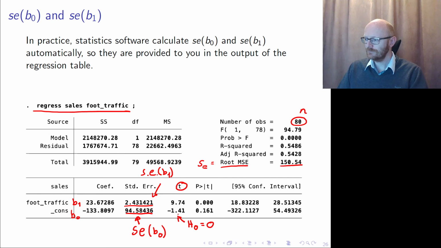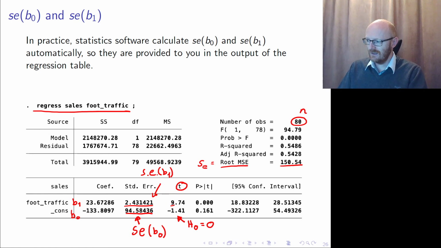Okay, and the good thing about t-values is that you can quite easily check whether or not a coefficient is different from 0, because if the t-value here is 9, then you know that most often the 95% critical value is around 2.